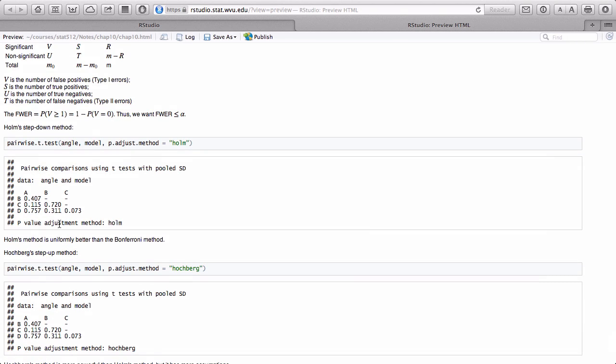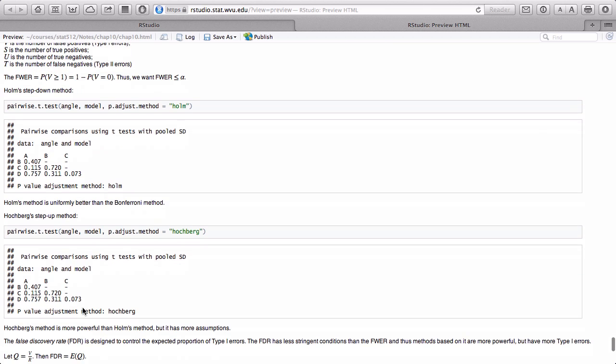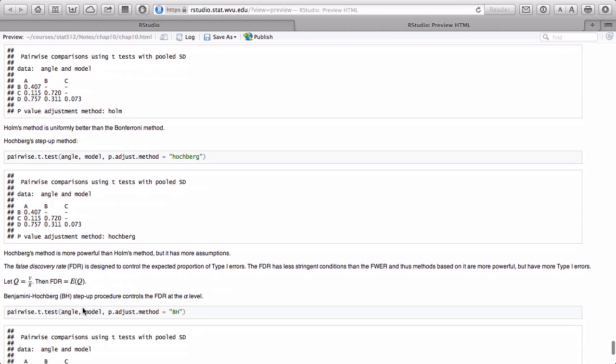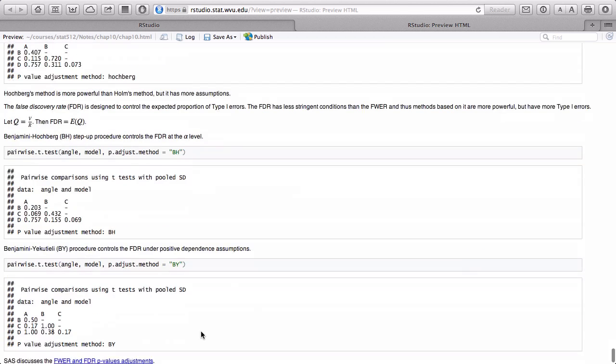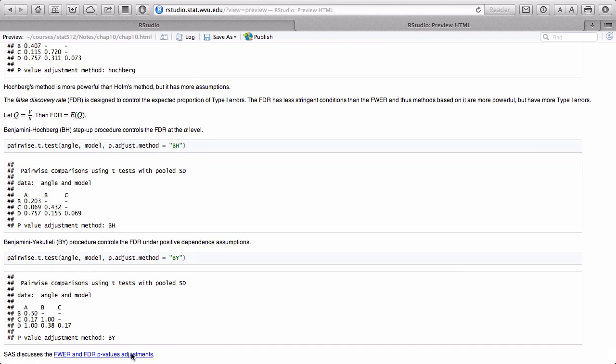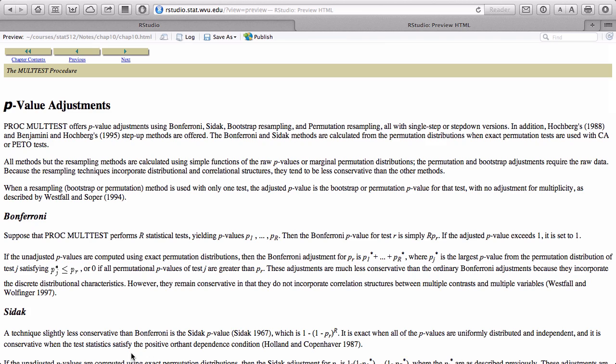Now, what about these other adjustments? I'm just going to indicate briefly how those go. I put a link in here to the SAS documentation. They have a procedure called PROC MULTTEST, which does these types of things.